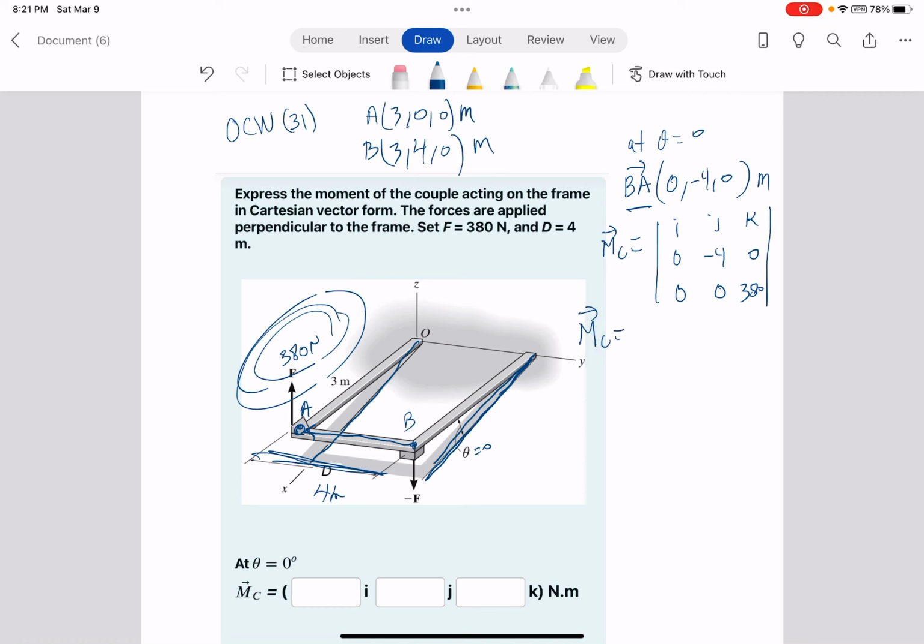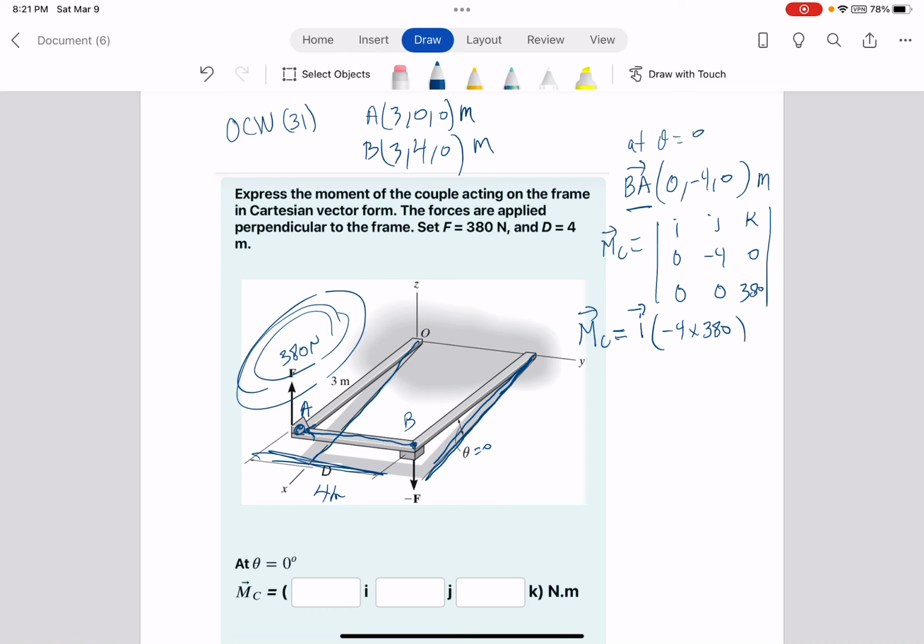So for the moment, the I component is minus 4 times 380. The J component is 0 minus 0, and K is 0 minus 4 times 0.